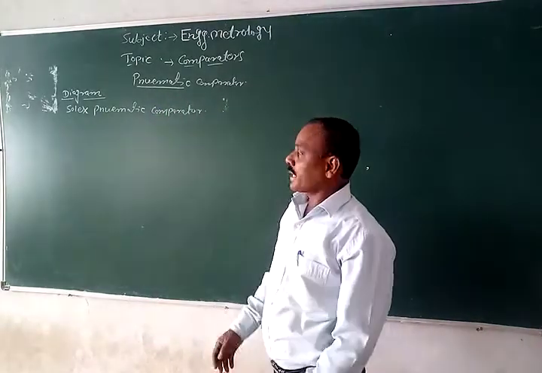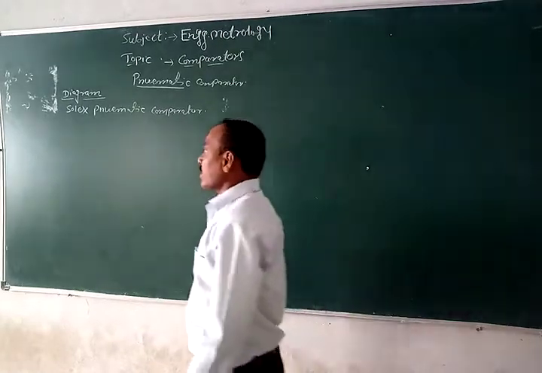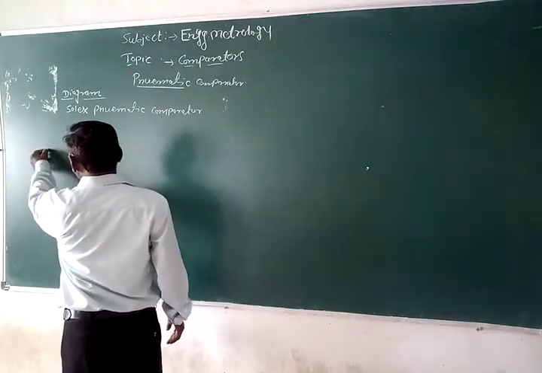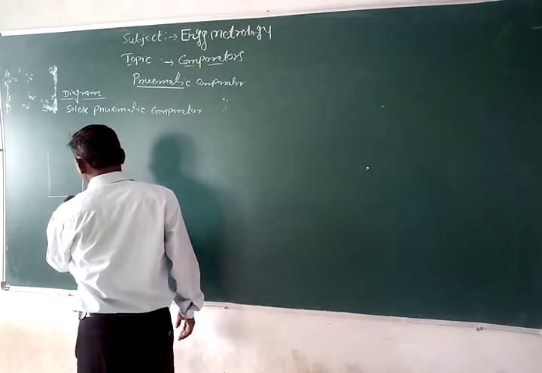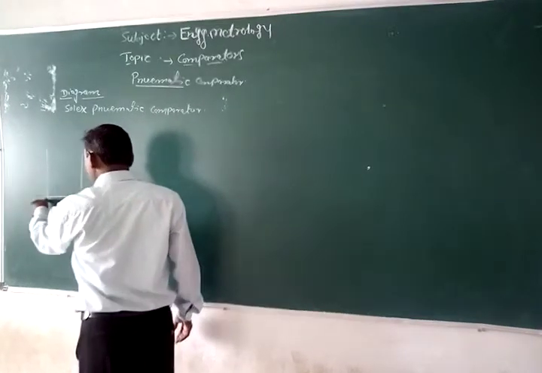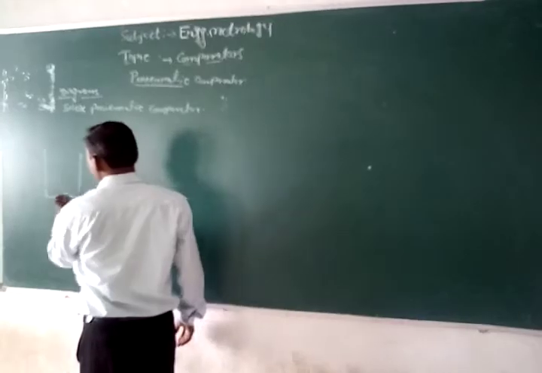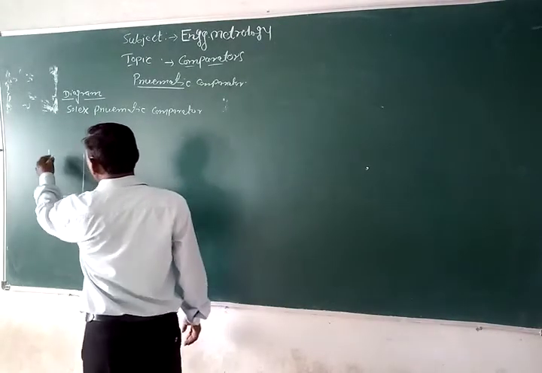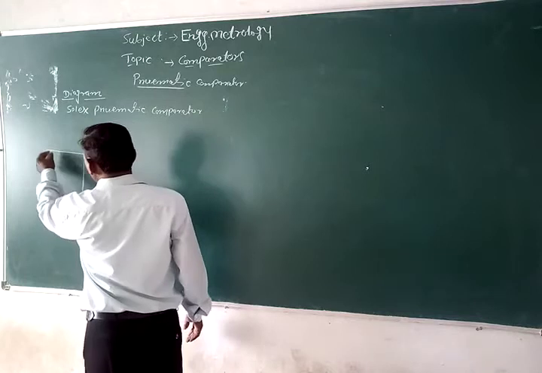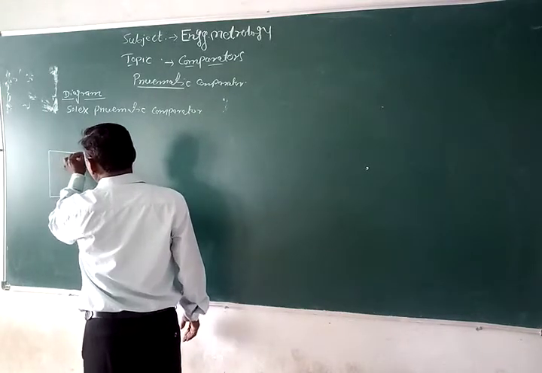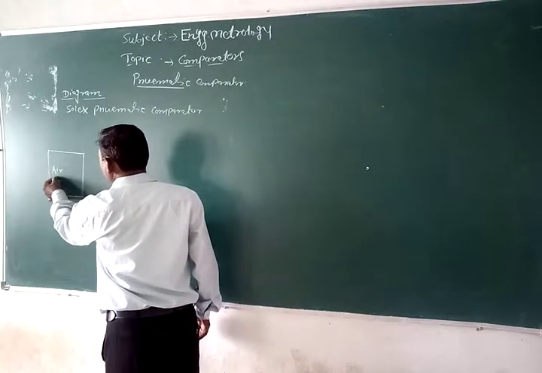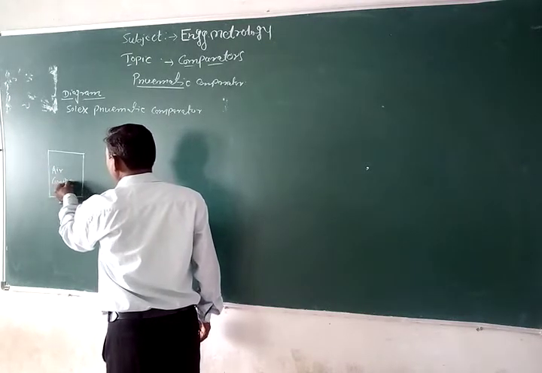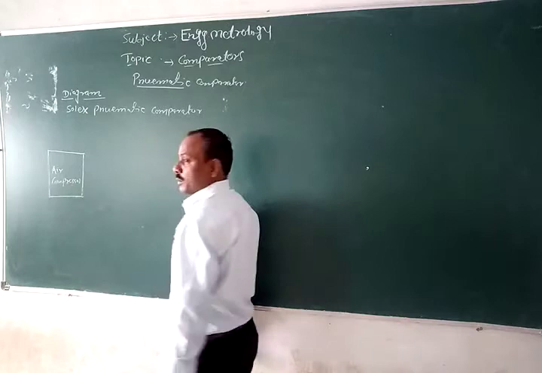Now diagrammatically, here is the cylinder. There is a compressor. This is the air compressor.